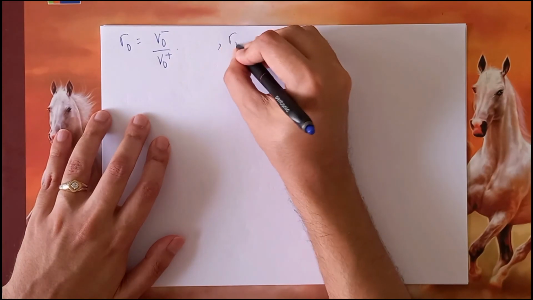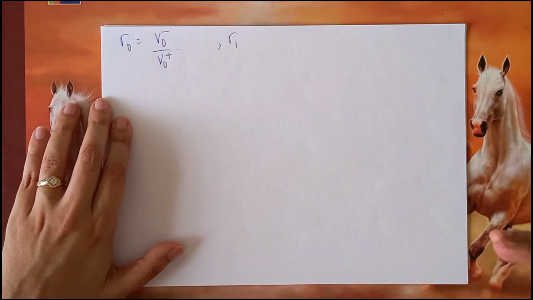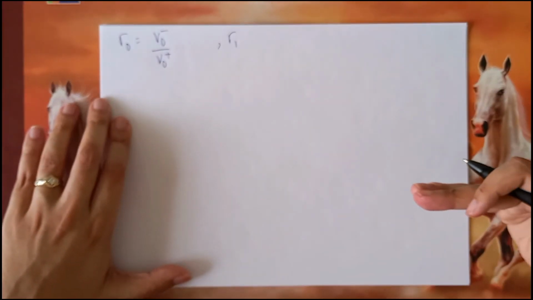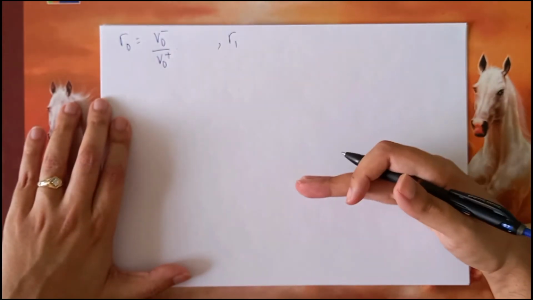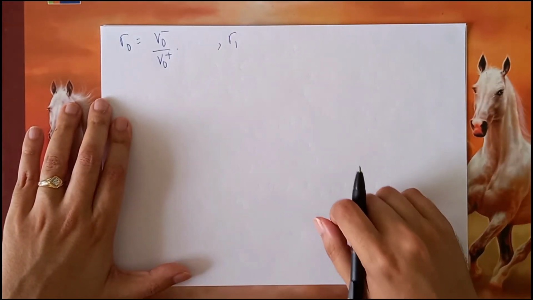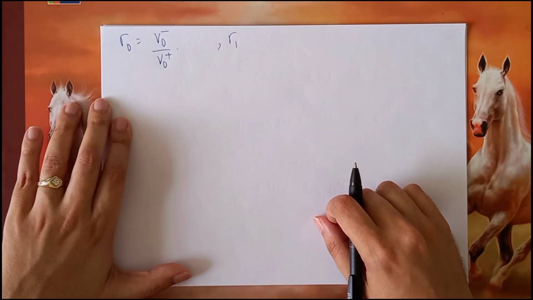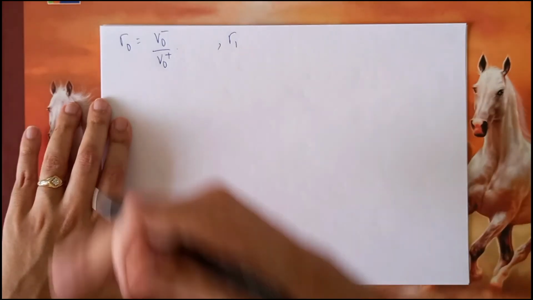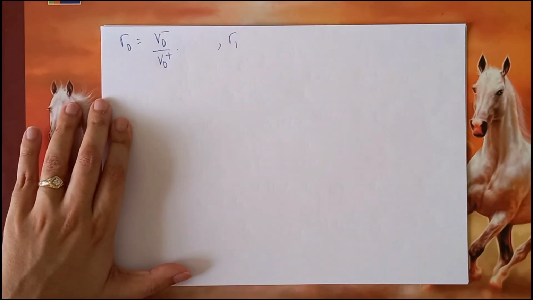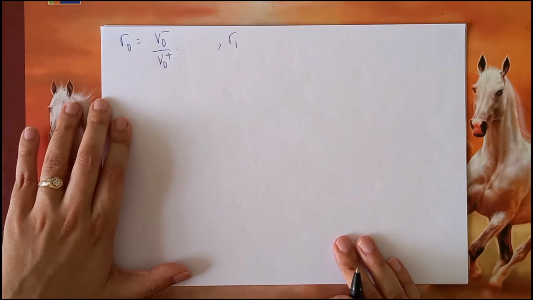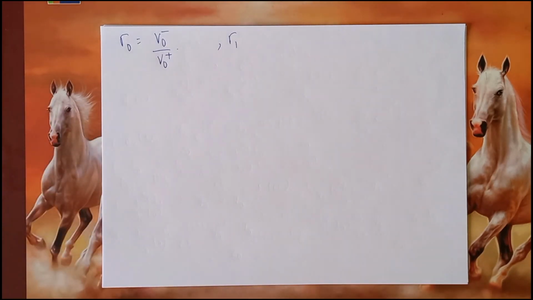Likewise, gamma 1. Gamma 1 is the reflection coefficient of the backward wave when it is trying to travel from the Z1 line into the Z0 line. So in that case, what will be gamma 1?